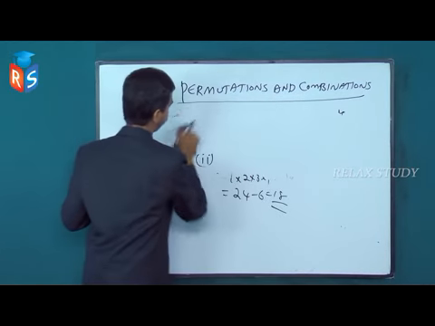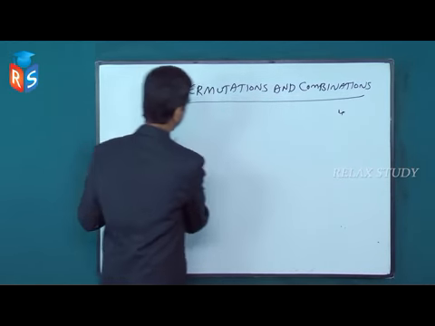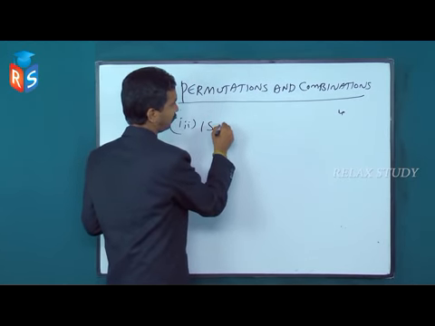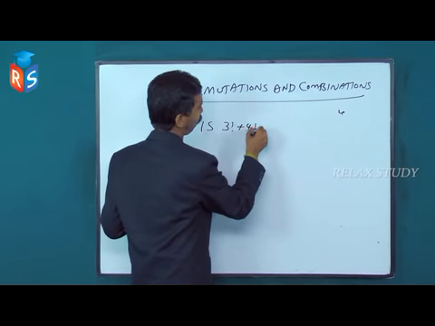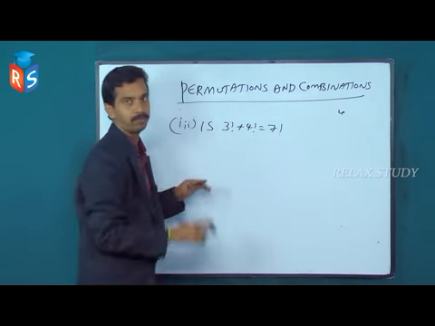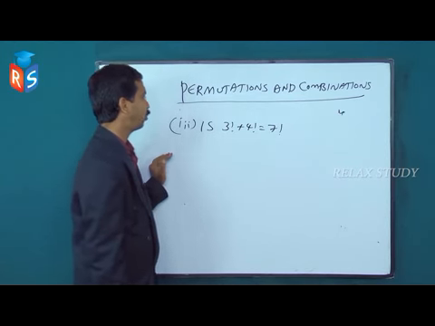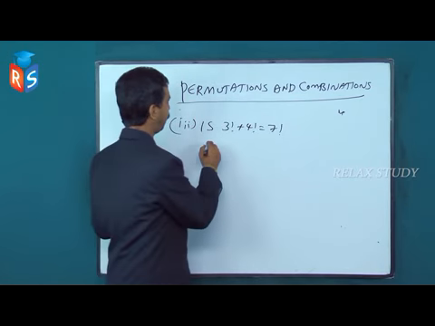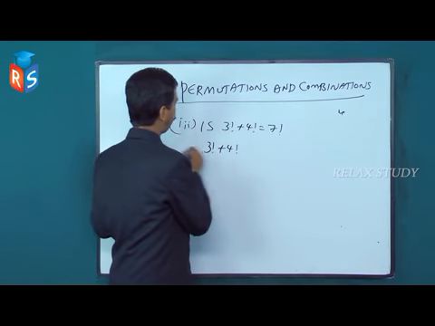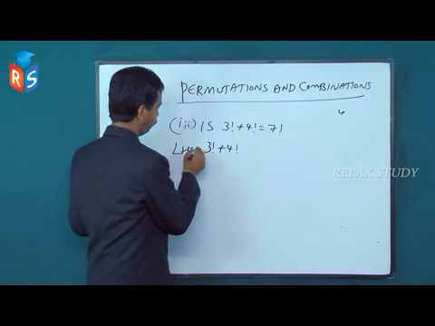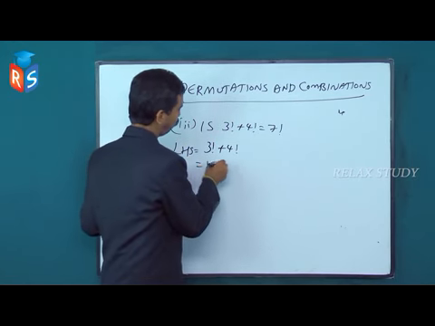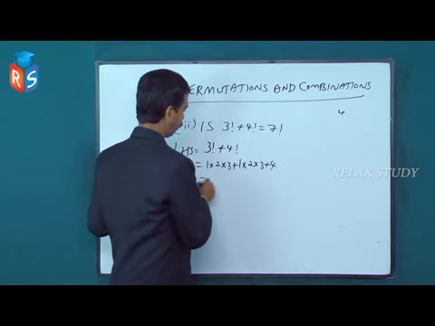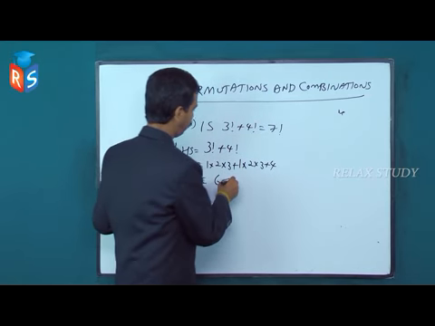Next one, is 3 factorial plus 4 factorial equal to 7 factorial? We have to check whether 3 factorial plus 4 factorial equals 7 factorial. So find them separately. 3 factorial plus 4 factorial equals 1 into 2 into 3 plus 1 into 2 into 3 into 4, which is 6 plus 24.